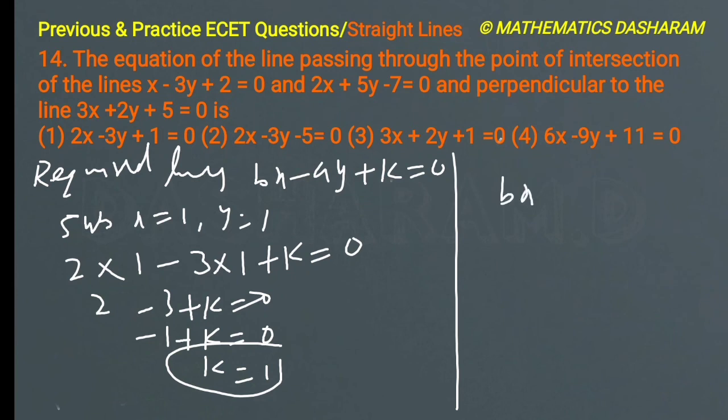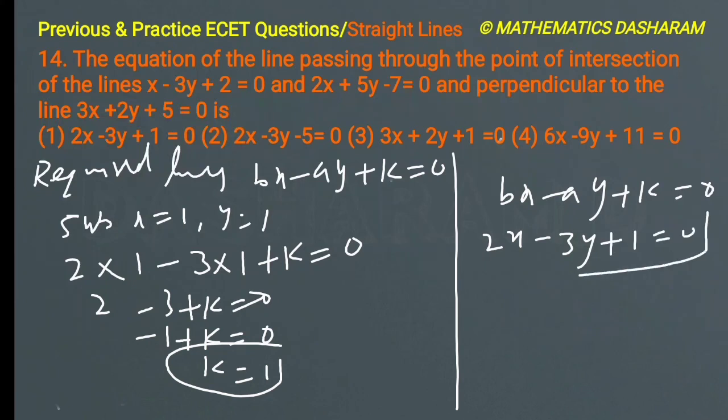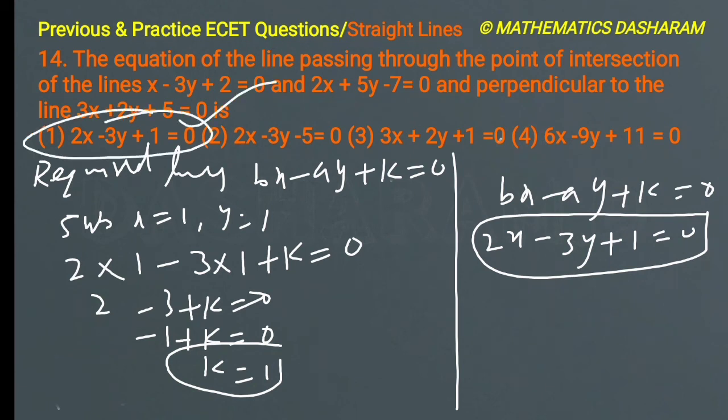So finally bx minus ay plus k equals 0, with b value 2: 2x minus 3y, with k value 1, equals 0 is the required line. So 2x minus 3y plus 1, option 1 is correct.